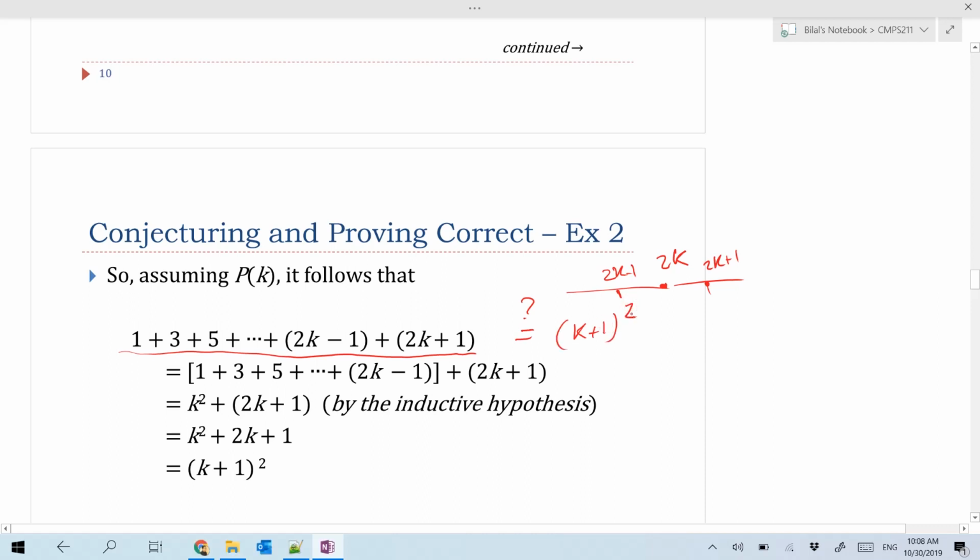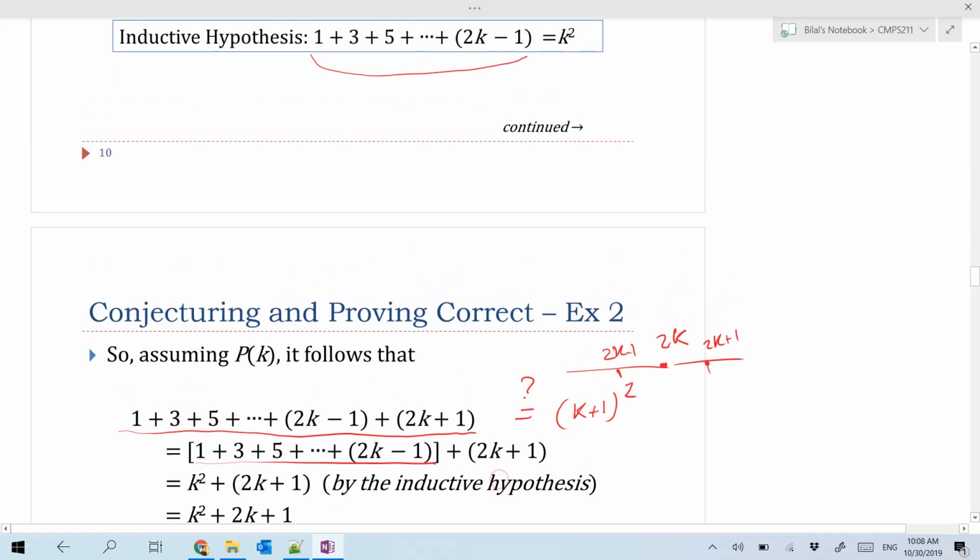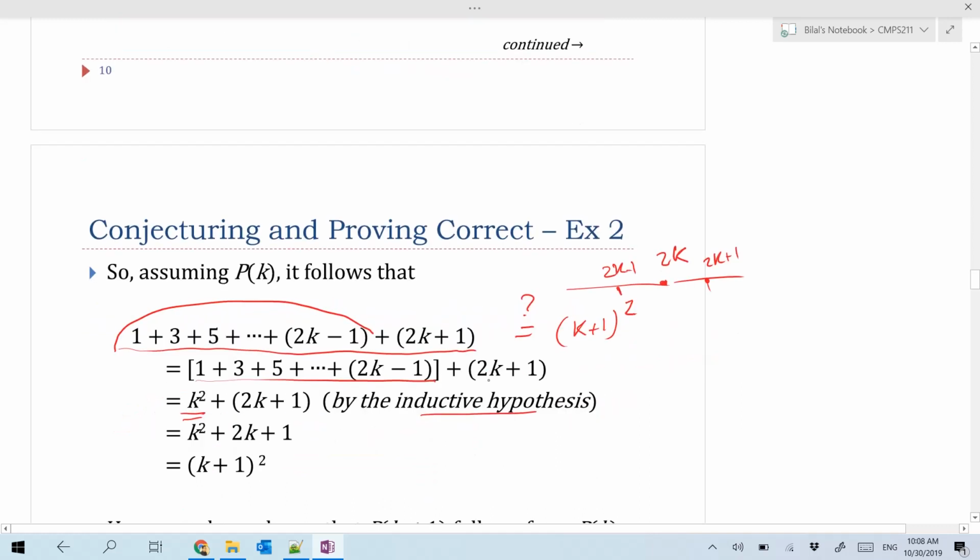Is it really true? To prove it, we can use our hypothesis that we assumed just a minute ago. In fact, this part of the summation is equal to k squared based on our inductive hypothesis. What if we add to it 2k plus 1? By doing a simple factorization, we can end up with k plus 1 squared.